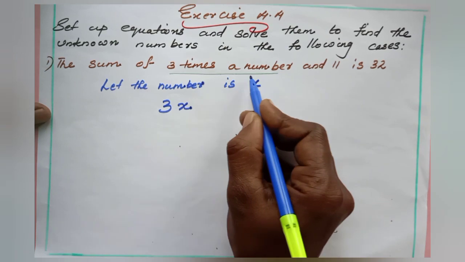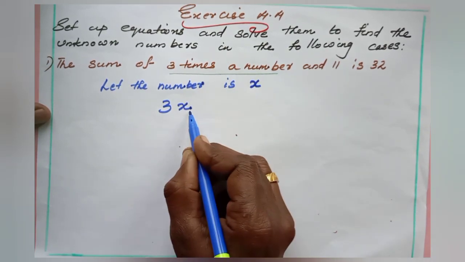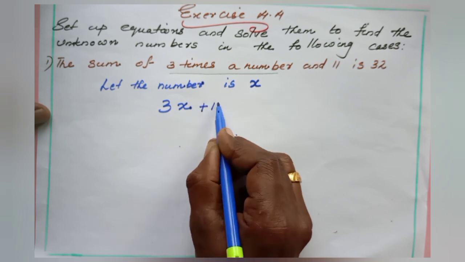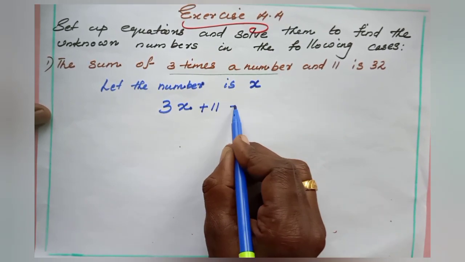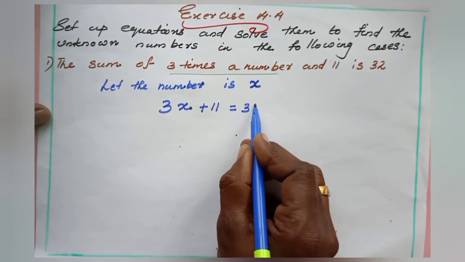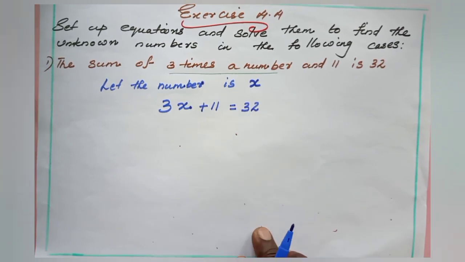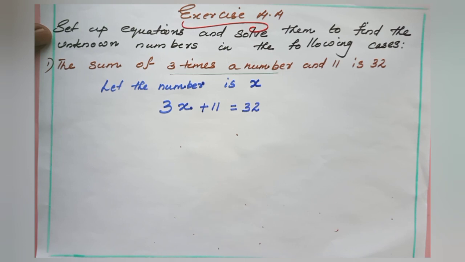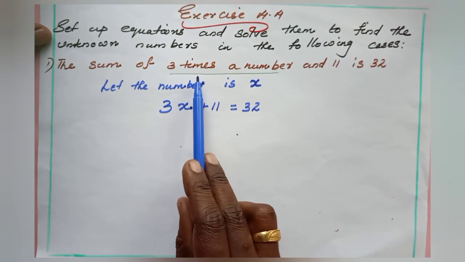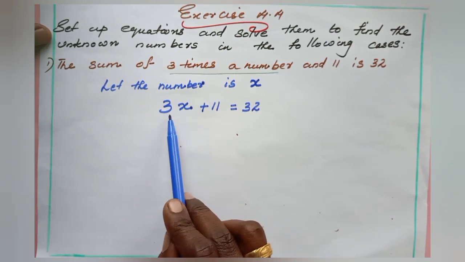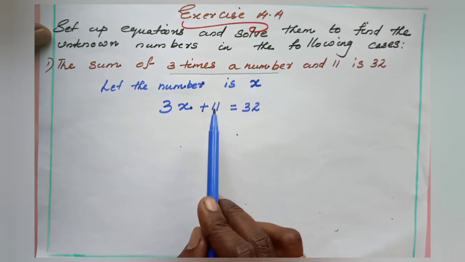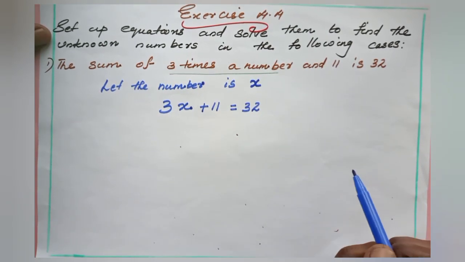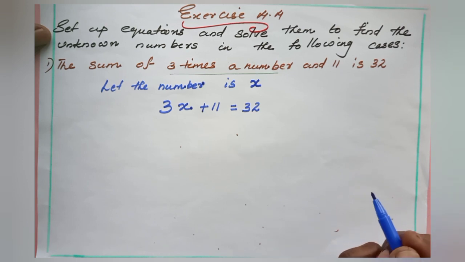The sum of 3 times a number, 3x, and 11. Sum means plus, and "is" means equal to 32. So the equation is 3x plus 11 equals 32.